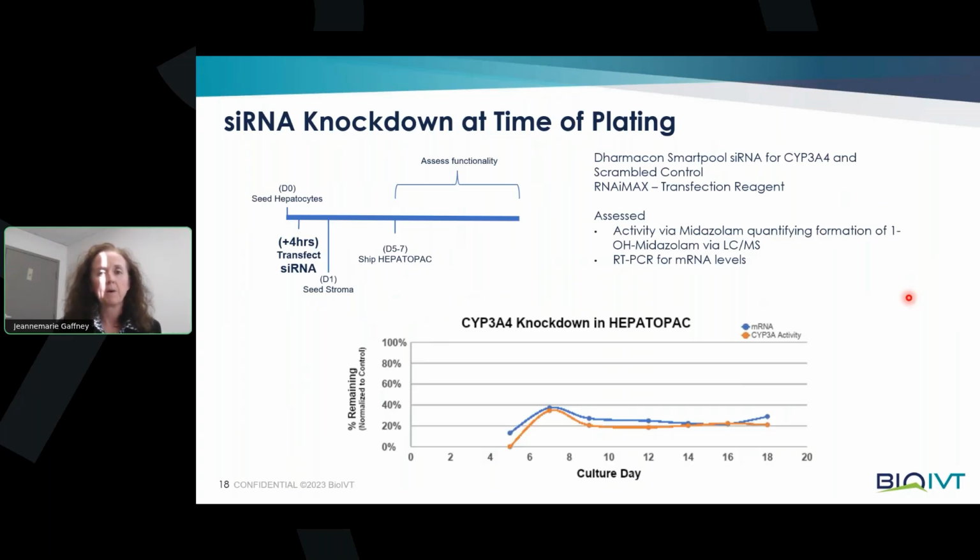We are using Dharmacon SMARTpools typically for our siRNA knockdowns for reaction phenotyping, and we're using commercially available RNAiMAX as our transfection reagent. Our initial studies were looking at CYP activity via mass spec, and then also looking at mRNA levels. And you can see with both of these methods, we were showing an 80% knockdown in our early studies for 3A4.